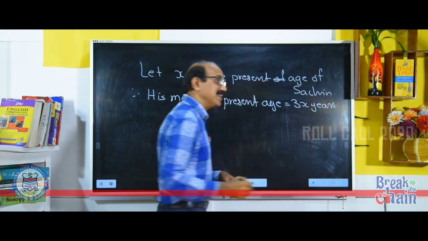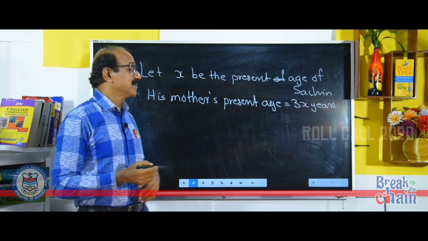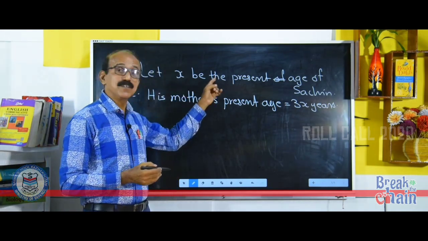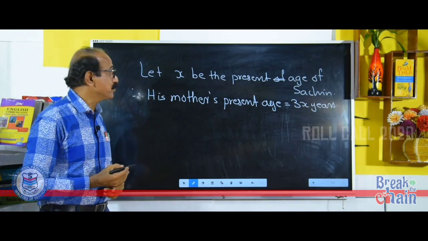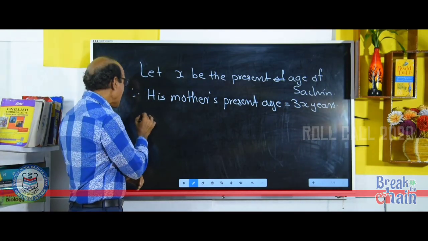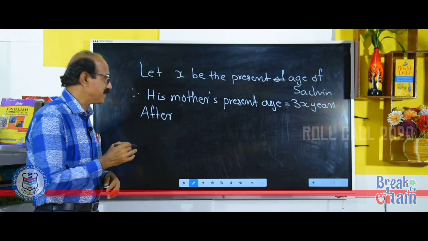It's clearly given that the present age of Sachin's mother is 3 times Sachin's age. Therefore, if x is the present age of Sachin, automatically his mother's present age will be 3x years. After 5 years, let us see what happens.